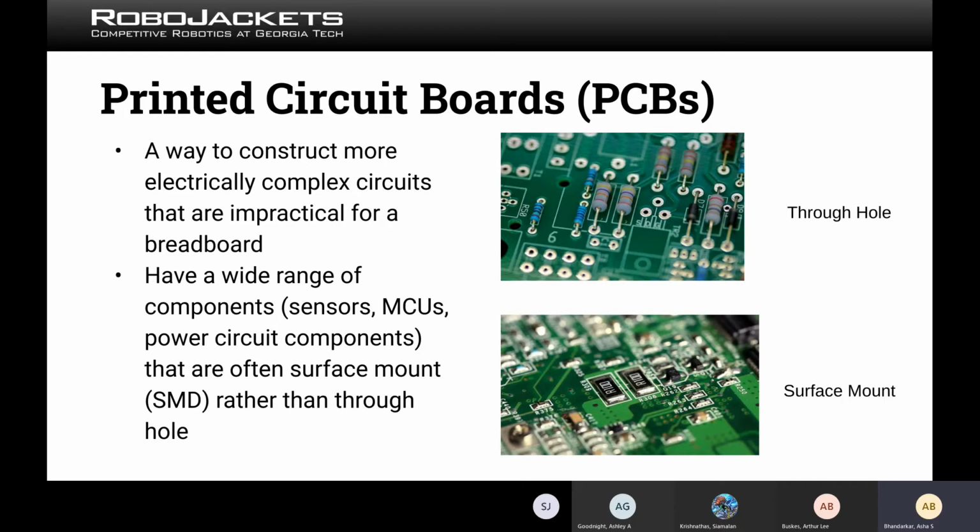And for surface mount, you can see that they're just mounted on actual pads on the PCB, and this usually allows us to get a smaller board than with the through-hole parts. Another thing about PCBs is they're usually a lot smaller than your breadboarded components, and because you can take advantage of surface mount components, you get a lot more complex electrical components out of that.